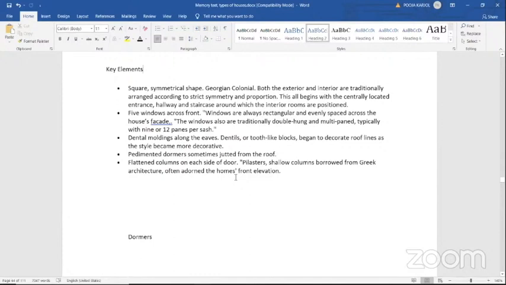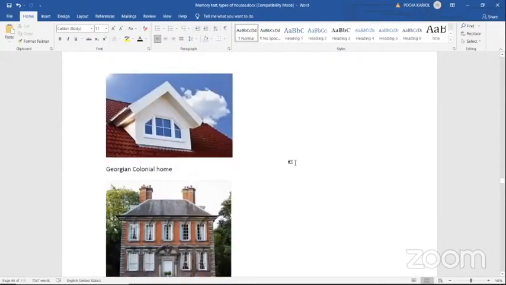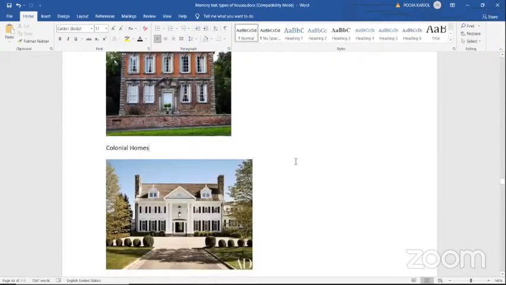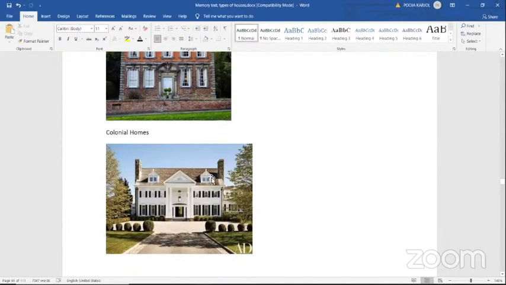Front elevation means what it looks like from the front part. The windows are traditionally double hung and multi-paned, typically 9 or 12. That is not important. Dental moldings are there. Pedimented dormers sometimes jutted from the roof. These are the colonial. This is a colonial house. This is a Georgian colonial.